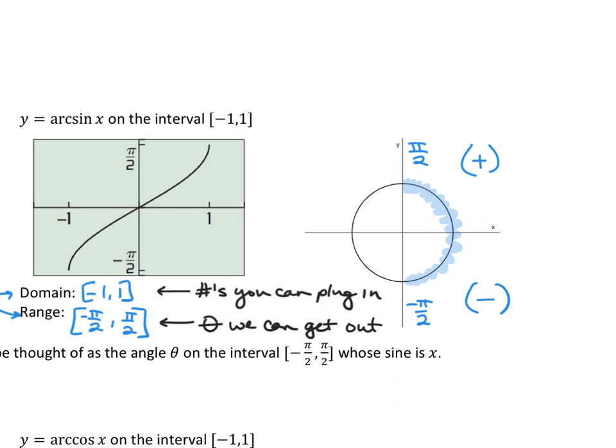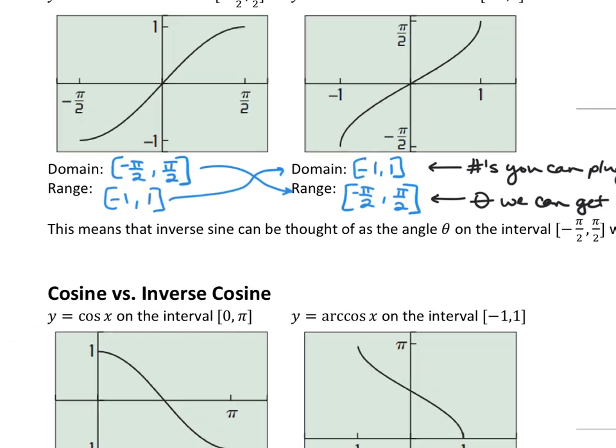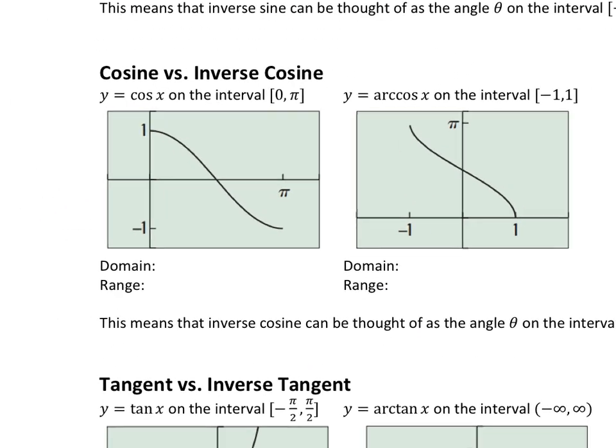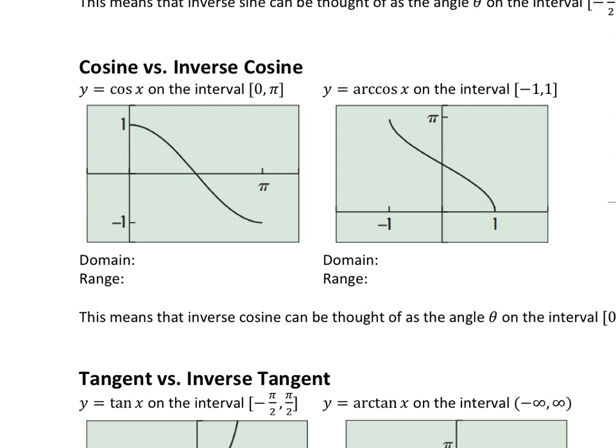Let's do the same idea for cosine. Based on how we had to restrict cosine, the domain for cosine is going to be from 0 to pi, but the range is still from -1 to 1. Inverse cosine is going to be the inverse of that, switching the x's and the y's.